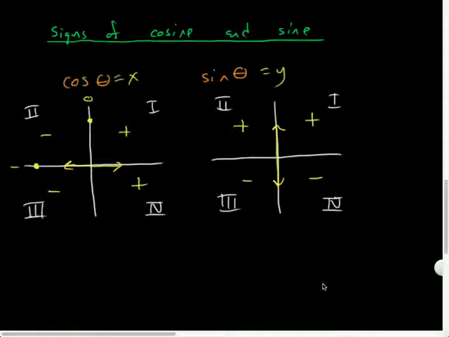All right, so I'm going to use this concept of where that point lands to determine the sign of my sine or cosine ratio. Okay, so kind of interesting so far. So let's do an example with this.